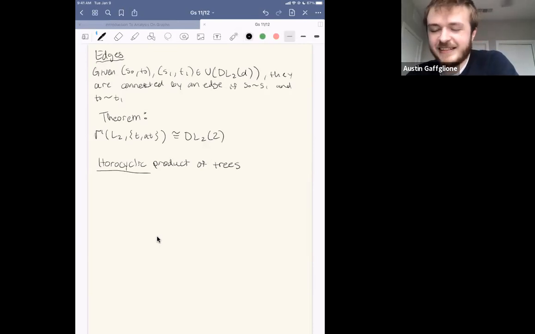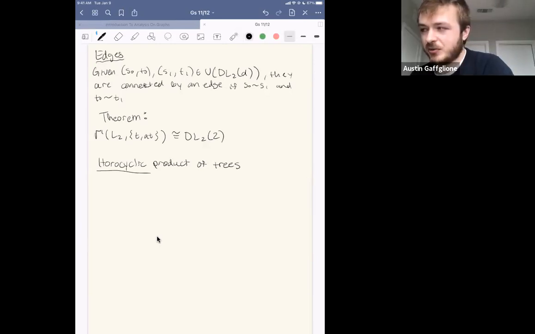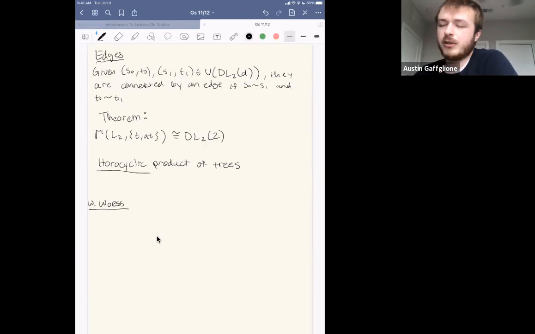Do you have references for the papers on that? I'd like to play around with them. So let's see. I think if you look at W. Woess, he has a few papers published on doing analysis on these graphs. There are other authors that also play around with this idea, but I can't remember them off the top of my head.